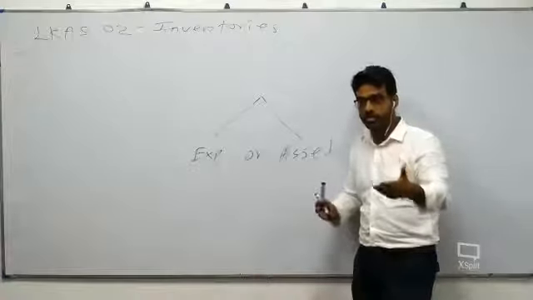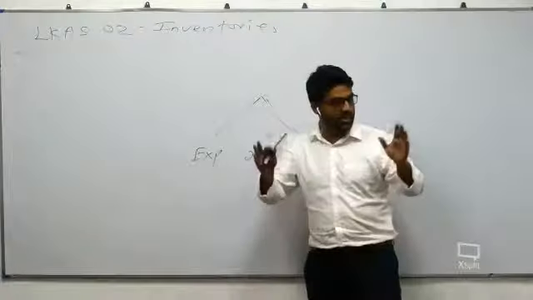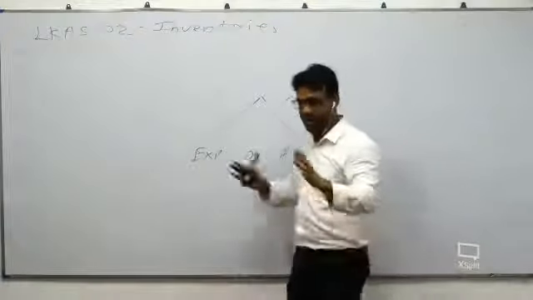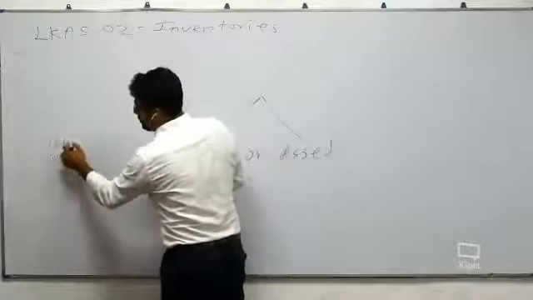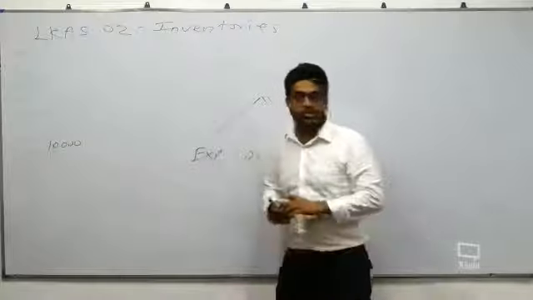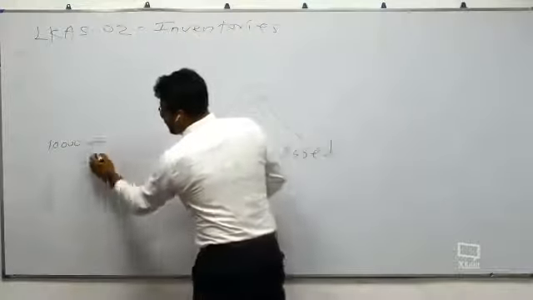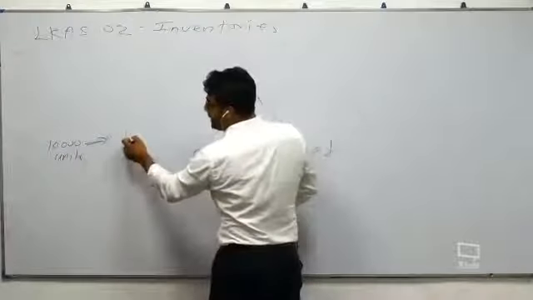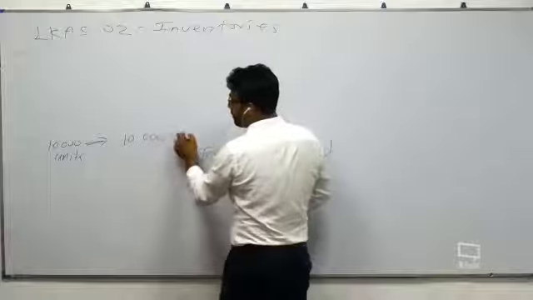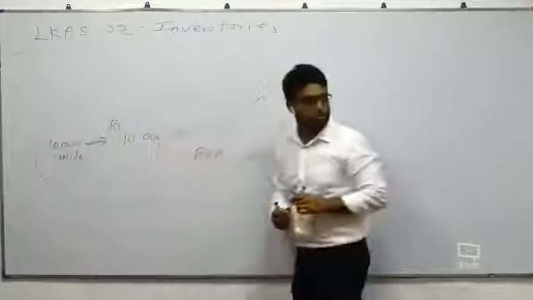Depreciation becomes an asset. In which situation? Think like this: you are running a factory, and you produce 10,000 units of goods in the factory. You spend 10 million rupees to produce these goods.